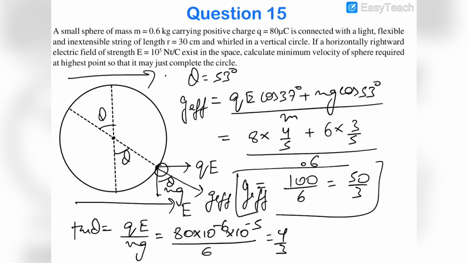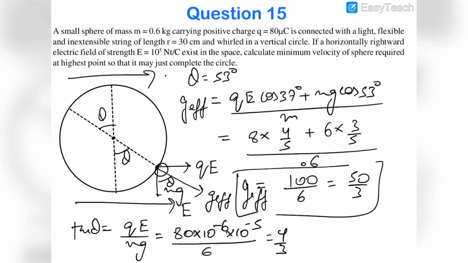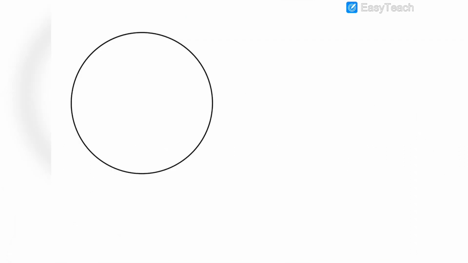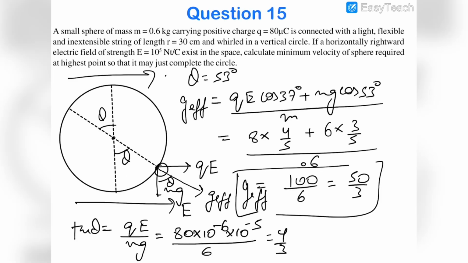Now we know that in vertical circular motion, let us draw the diagram again. Let us eliminate the electric field and assume that in this vertical circular motion there is no electric field, only mg is present, then at this point, which is at an angle of 53 degrees, like that, because if we rotate this in the counterclockwise direction by 53 degrees, then this line will become vertical and this line will tilt.